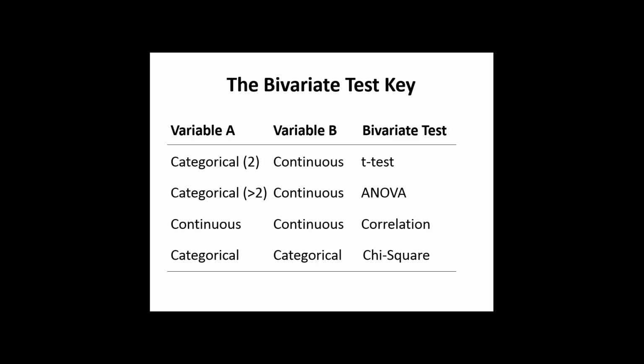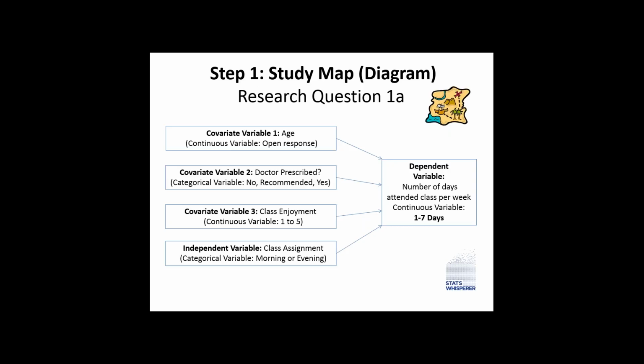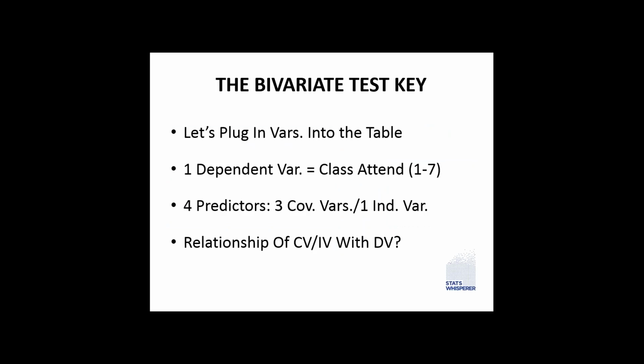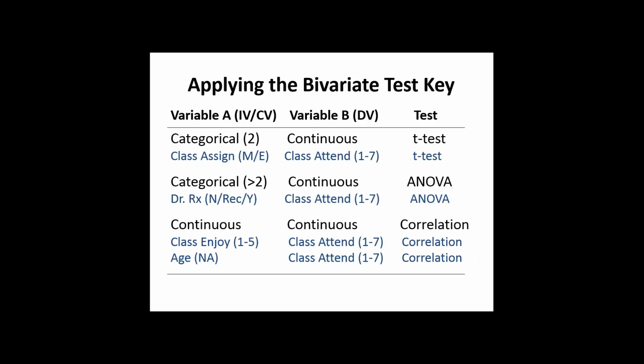Categorical with more than 2 and continuous, an ANOVA. 2 continuous, correlation. 2 categorical, chi-square. This is better illustrated if we take our variables and plug them into this table. So we have the 1 dependent and 4 predictors. We're going to plug them into this table to show what we're talking about here.